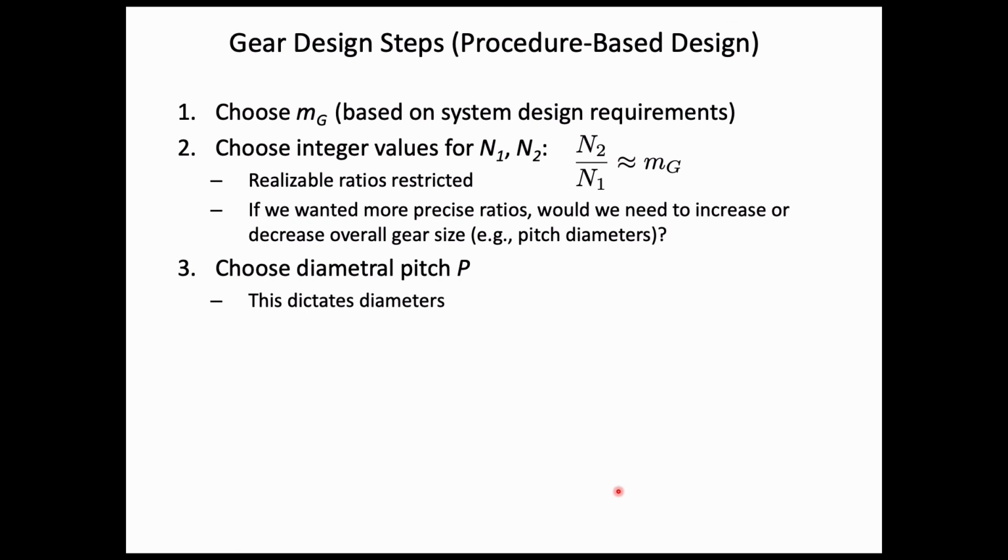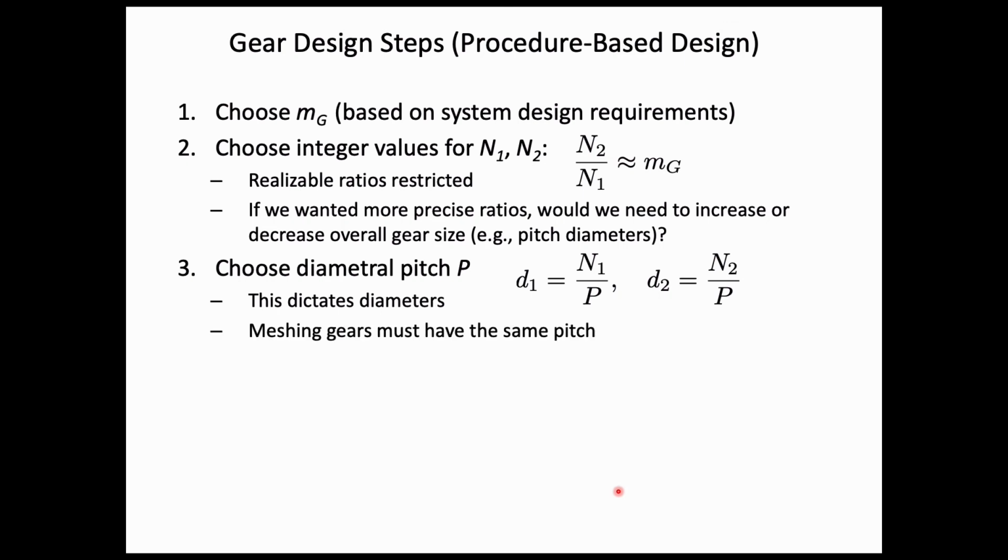If we have chosen the speed ratio and the number of teeth for each gear, and then we specify the diametral pitch, this allows us to specify exactly what the pitch diameters are. So pitch diameter is equal to the number of teeth divided by the diametral pitch.